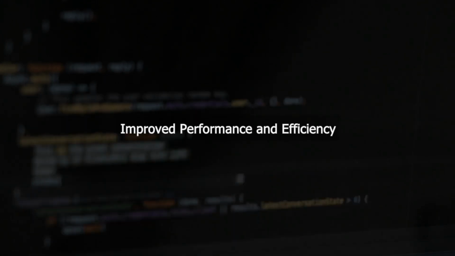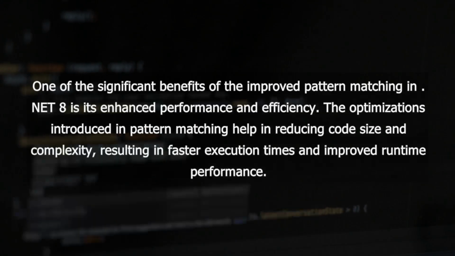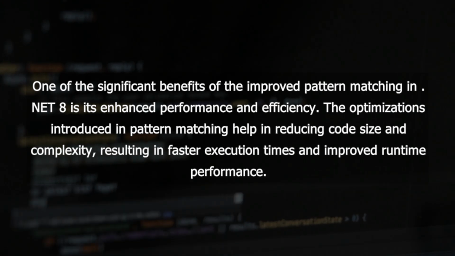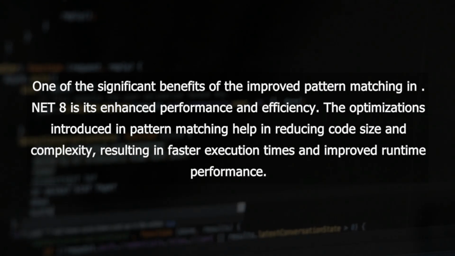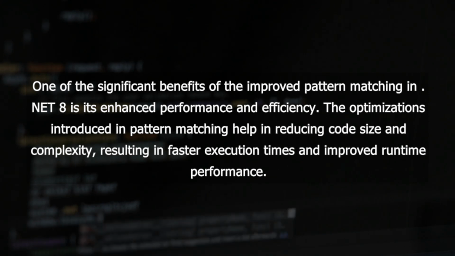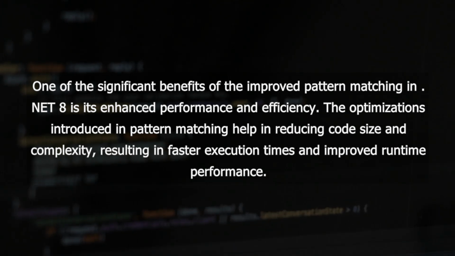Improved performance and efficiency. One of the significant benefits of the improved pattern matching in .NET 8 is its enhanced performance and efficiency. The optimizations introduced in pattern matching help in reducing code size and complexity, resulting in faster execution times and improved runtime performance.